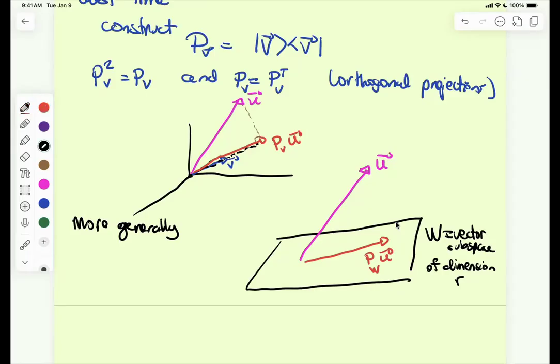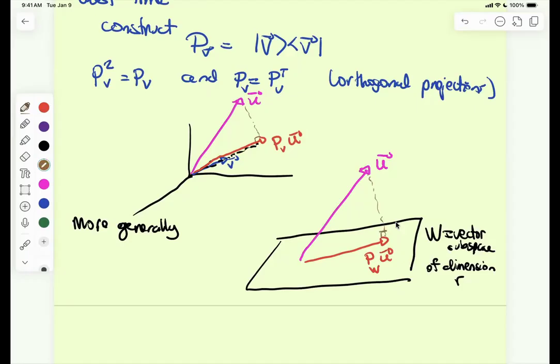Again, this is an orthogonal projection, so it's kind of a right triangle in the sense that the difference lies in the orthogonal complement. One elegant way to find an explicit formula for the projection is to find a basis for W and do Gram-Schmidt to turn it into an orthonormal basis.